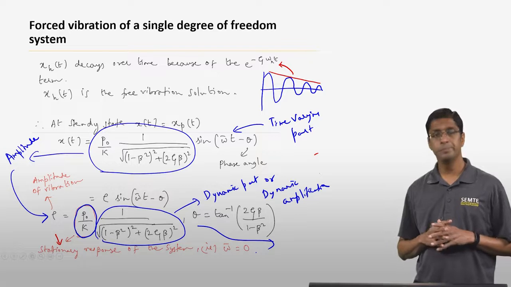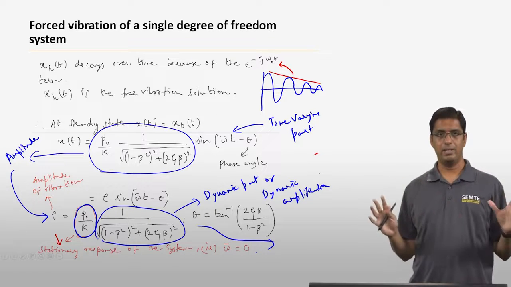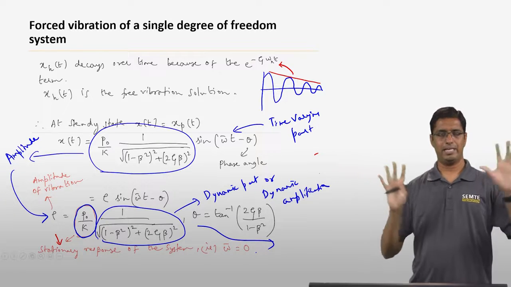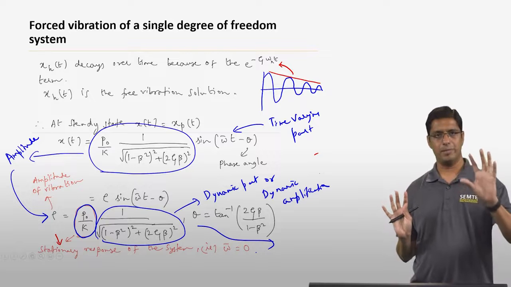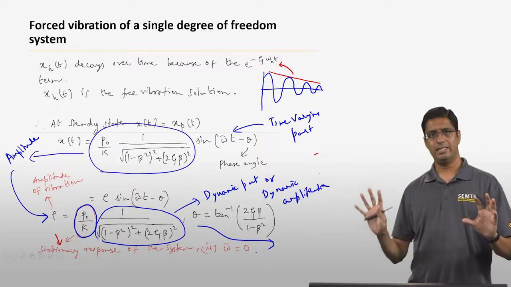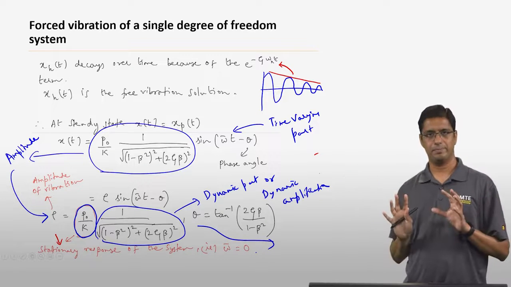So essentially, if you think about what is x of t, it has an amplitude and a frequency of oscillation. The amplitude comprises two parts. One is the stationary response or the stationary amplitude, and a second term which is the dynamic amplitude or the dynamic amplification factor.